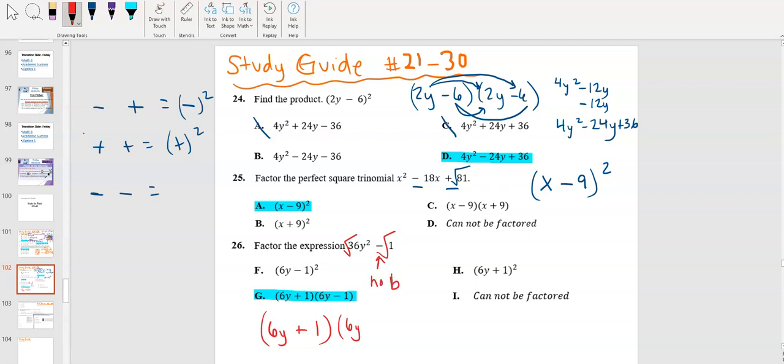If there was a b, then we would have to figure out what you would need in order for it to stay b. But because there's no b, I'm going to do opposite signs because the 6y times -1 and the 1 times 6y are going to cancel each other out, and there will be no b value. So our answer is G.